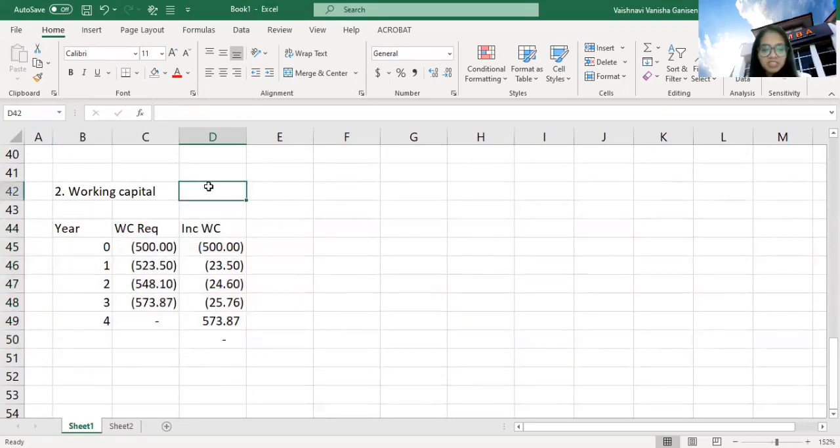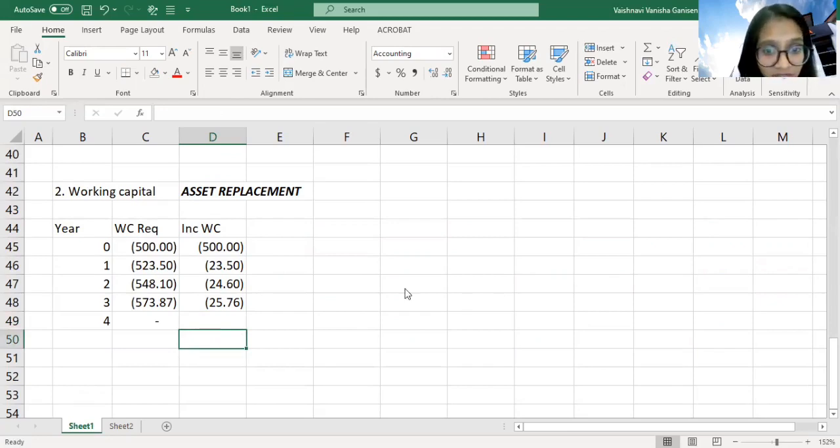So remember, this question was an asset replacement. That means the asset was being replaced. Because the asset was being replaced, what did I tell you? Do you have any working capital recoup? No. So you see, even me, after teaching for so many years, I make this mistake.